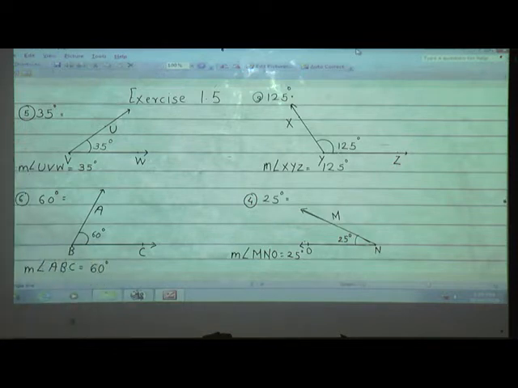Now see students, in this way we have solved exercise 1.5. I think all of you understand this. Now the next page, exercise 1.6, open it.